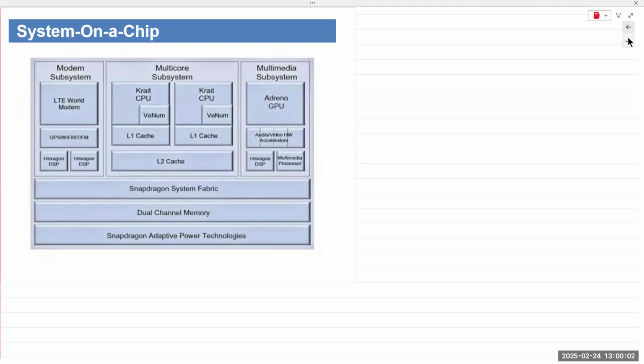SoCs, as they are called nowadays, are made by all these corporations, but all of these designs are licensed by one single company, and that company is ARM.